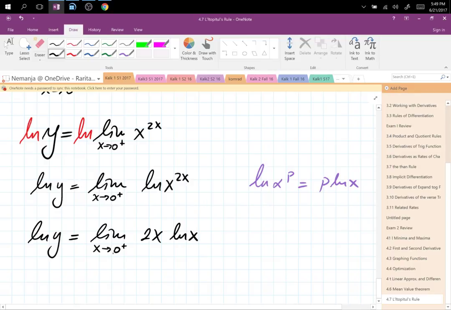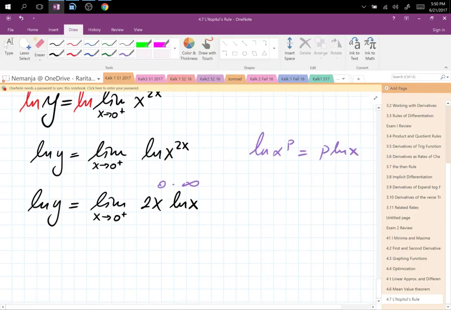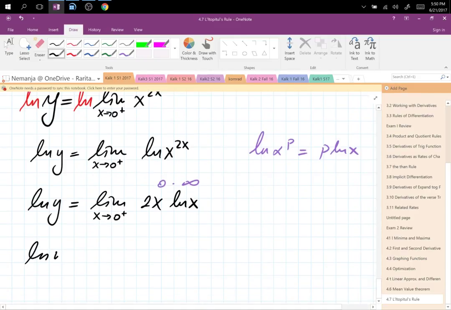And now when you try this as x goes to 0, you have 0 times infinity. You know what you're supposed to do. It's ln x divided by 1 over 2x, which gives us infinity over infinity.